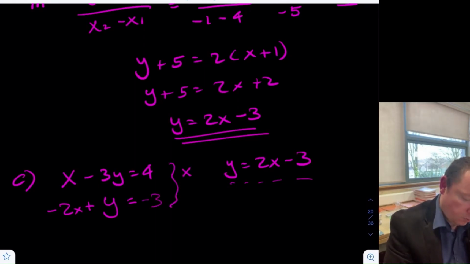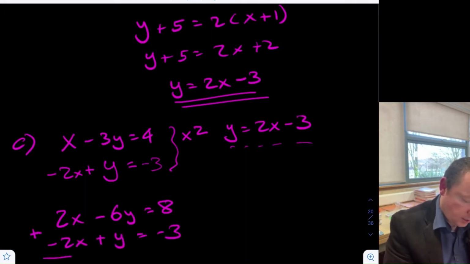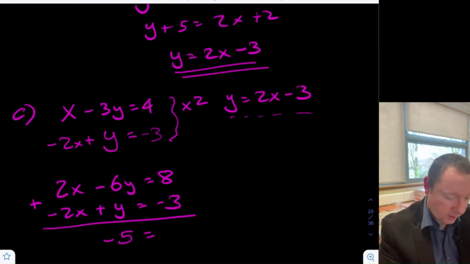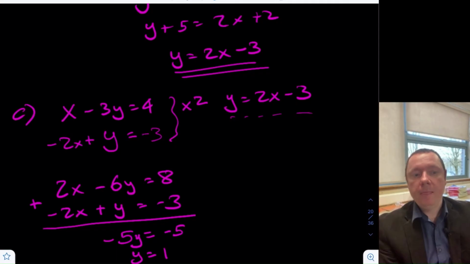So times this one by 2, we get 2x minus 6y equals 8. Minus 2x plus y is minus 3. Add because the signs are the same. Minus 6 plus 1 is minus 5. 8 plus minus 3 is 5.